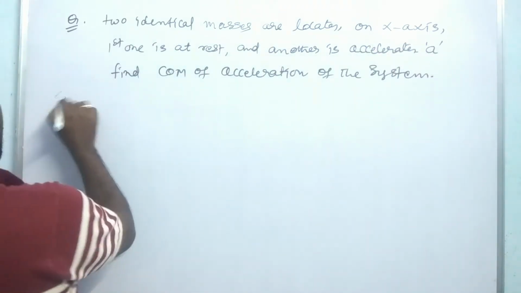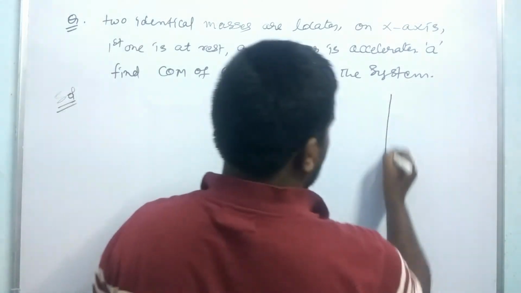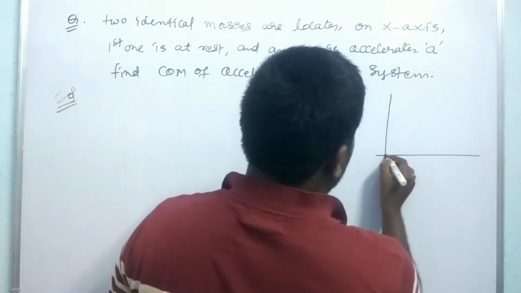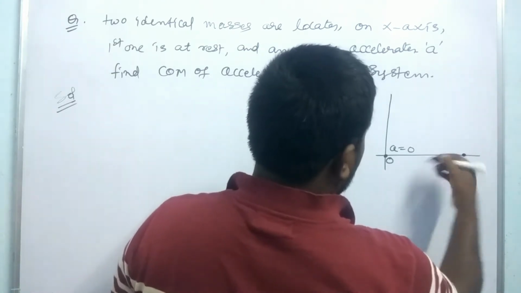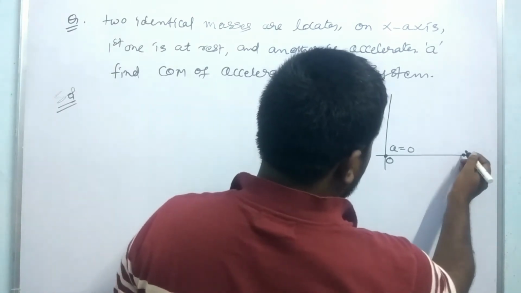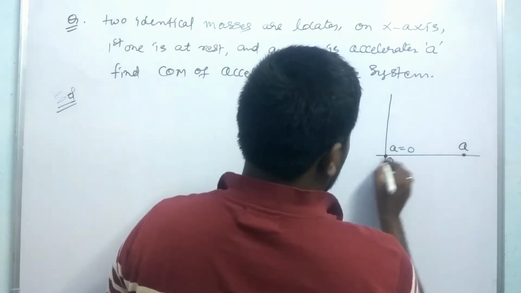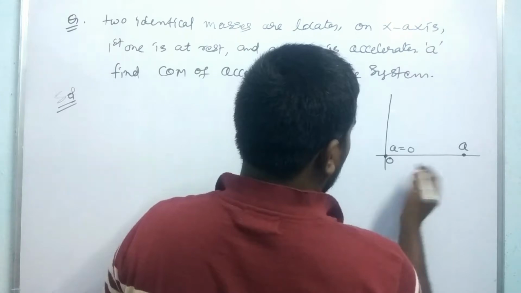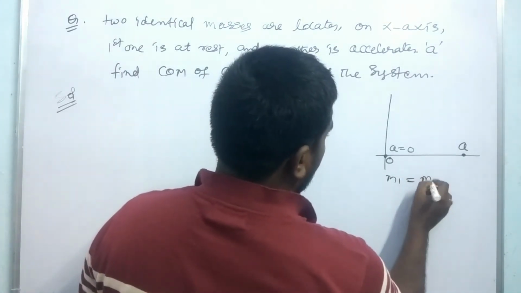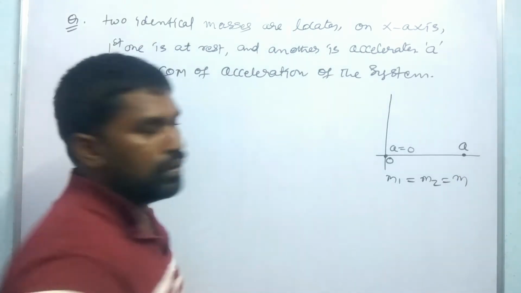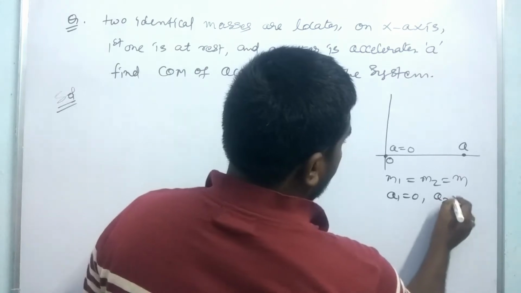So now let us see how we can find it. Here there is an axis; the first particle is at rest, so its acceleration is 0. The second particle is located on the x-axis with acceleration a. These are two identical particles, so m1 is equal to m2 is equal to m, where a1 is equal to 0 and a2 is equal to a.